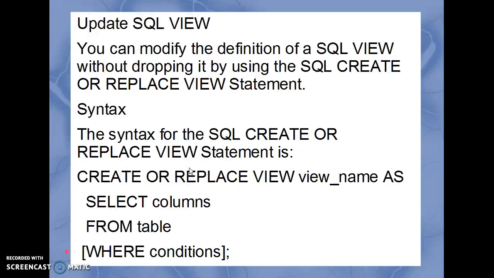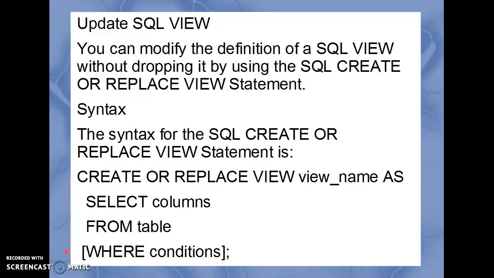Let's see update view. Why are we going to update the view? If any customer wants to edit some details, we never give or produce the originals. We give just a simple and very small part of a table or structure, and they may not be satisfied with this type of structure.